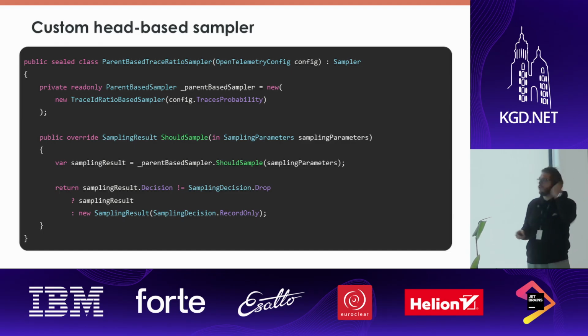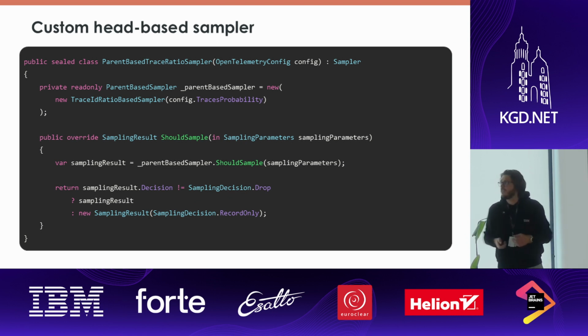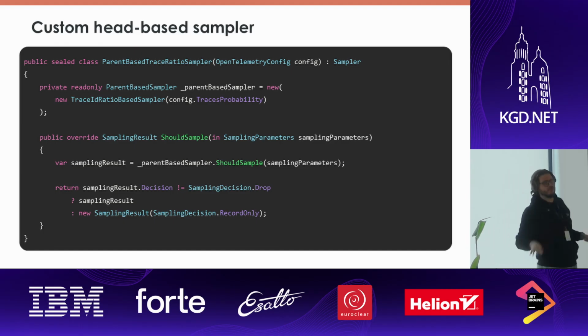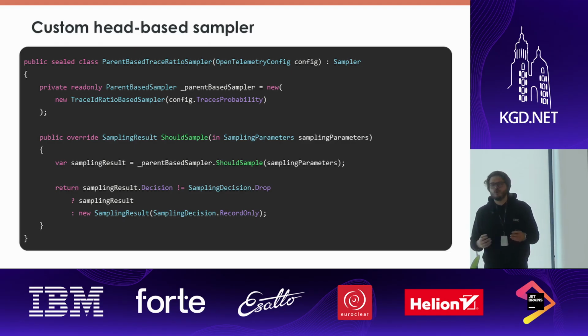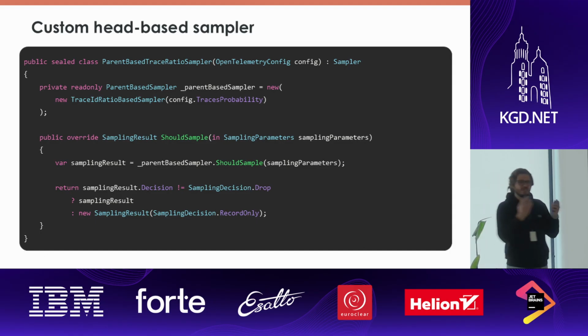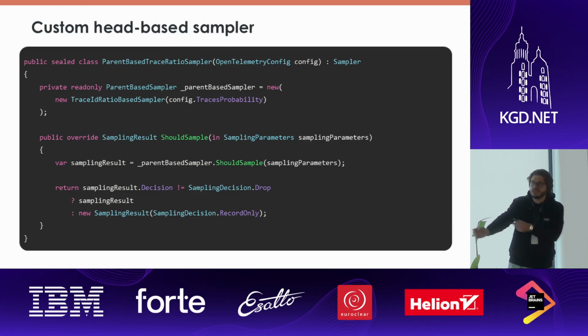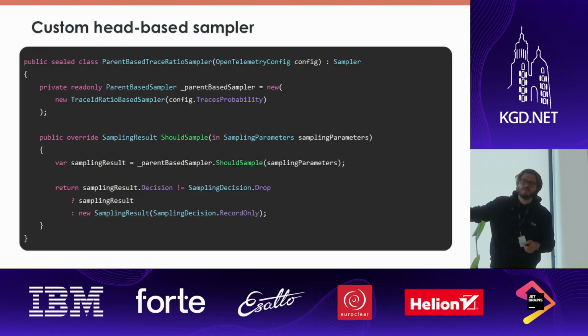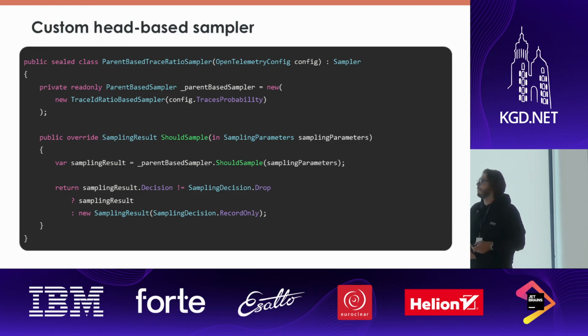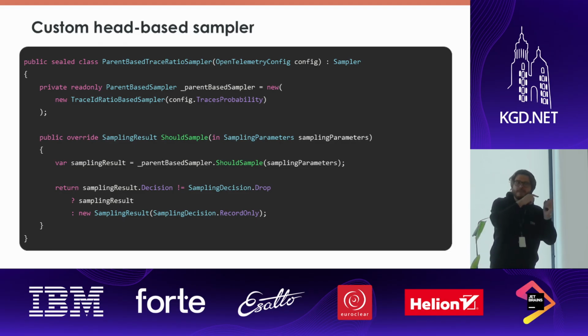We decided not to put just a trace ID ratio based sampler, but to wrap it in a parent-based sampler. Just imagine that we didn't do that. What would happen? You would see that in some traces you can see this service do something, but in some traces it's not there, because you wouldn't respect the parent decision of another service.